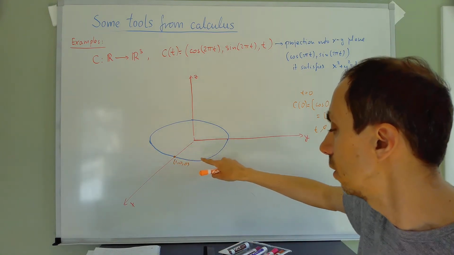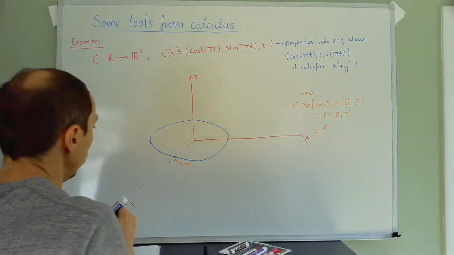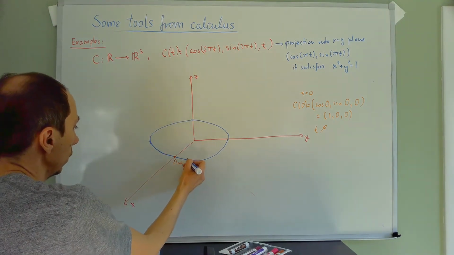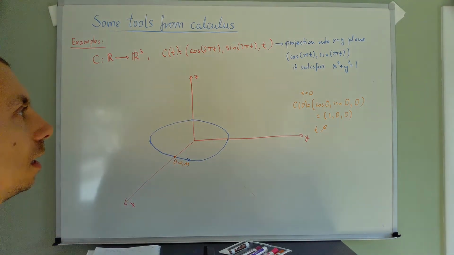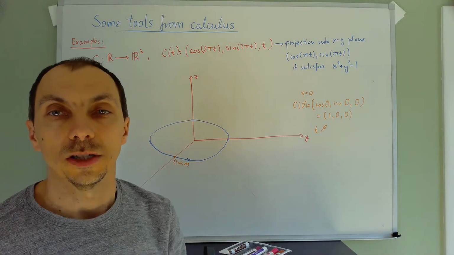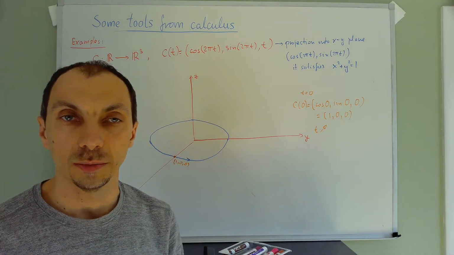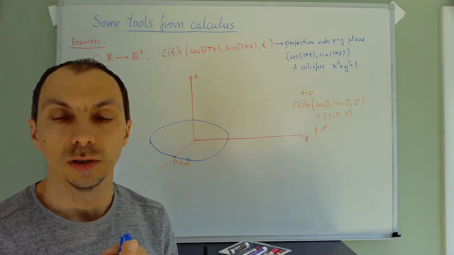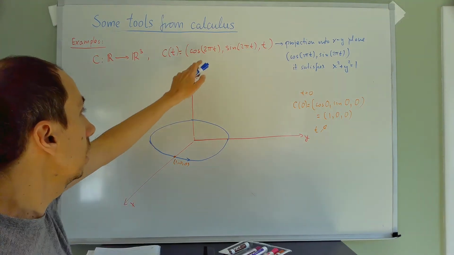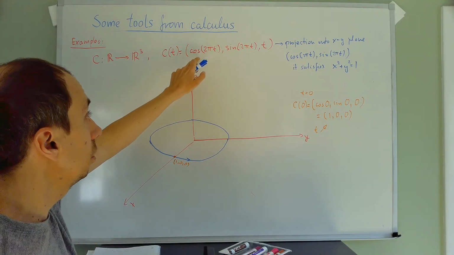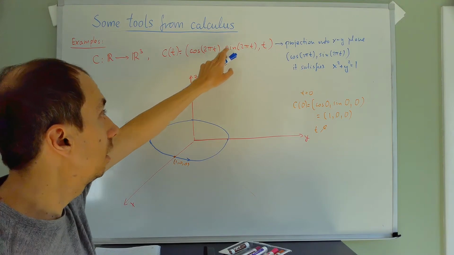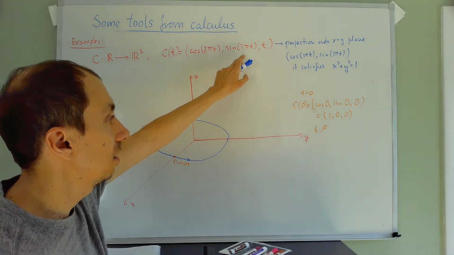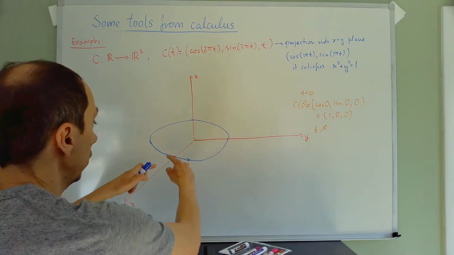So I must be moving in this direction. I put the 2 pi t here so that when t changes from 0 to 1, you make a full circle. When t is equal to 1, you again get cosine 2 pi, sine 2 pi, which is the same as cosine 0, sine 0, so you're going back to that point.